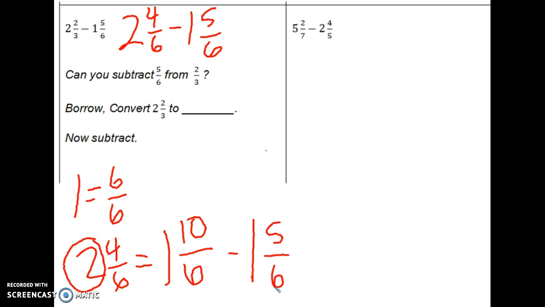So now that I have a common denominator and I can take 5/6 from 10/6, I can go ahead and subtract. Starting with the fraction piece, 10/6 minus 5/6 is 5/6, and 1 minus 1 is 0. So my final answer is just 5/6.